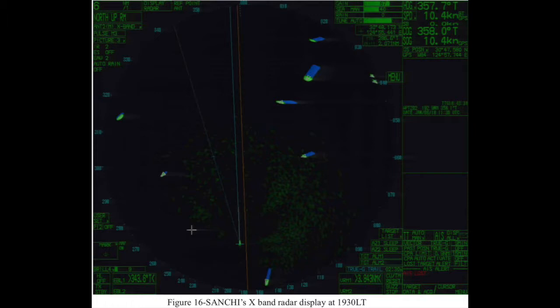We usually use the visual bearing to assess the collision risk. How about in a radar picture? What means can be used to assess the collision risk?